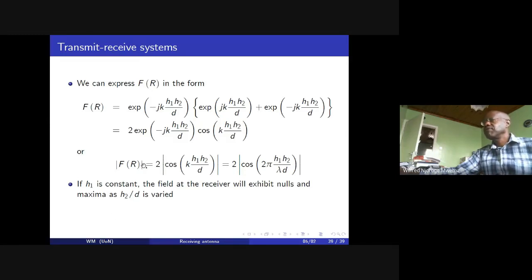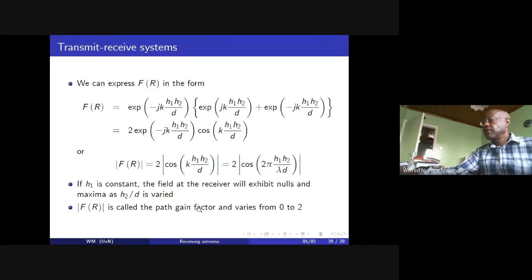That is, as we vary the height of antenna B above ground, and that ratio with respect to the separating distance, we'll start to get null points, or we'll get where the reception is maximum. And then you start seeing these issues where we have blind spots in the communication links.